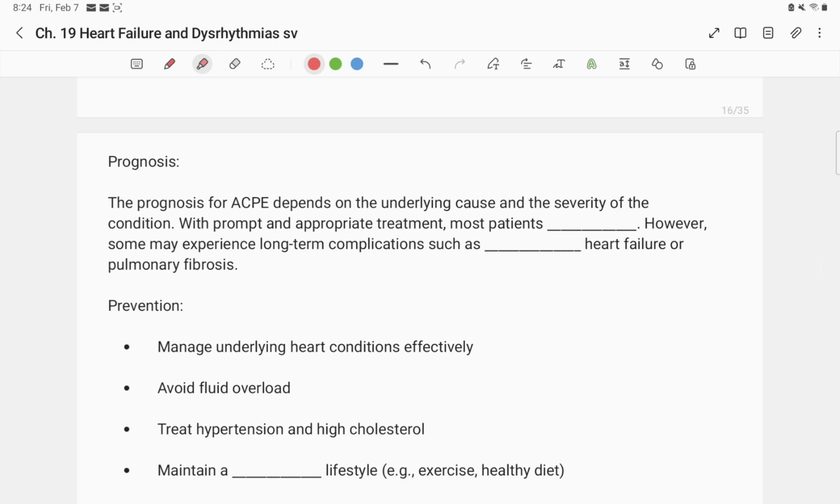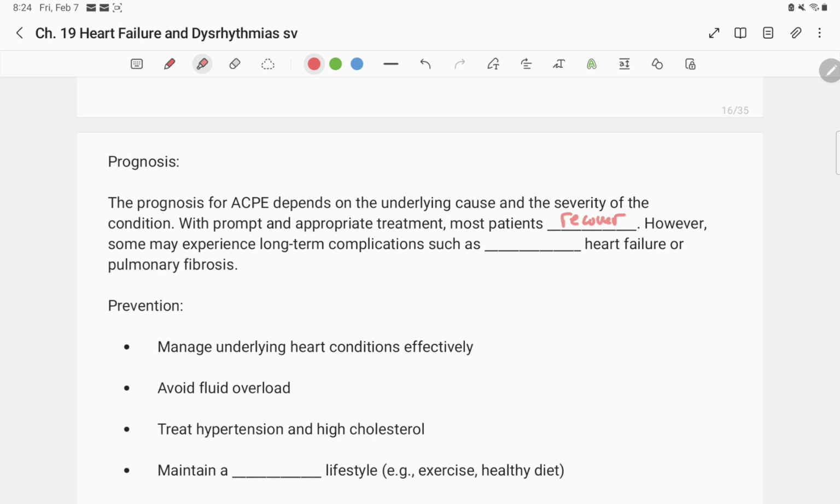For prognosis with acute cardiogenic pulmonary edema, it depends on underlying cause and the severity of the condition. So with prompt and appropriate treatment, most patients recover.